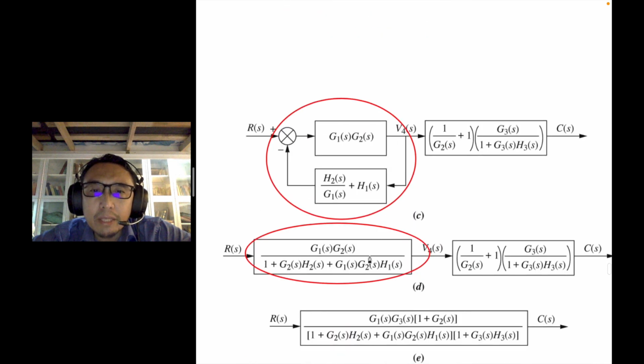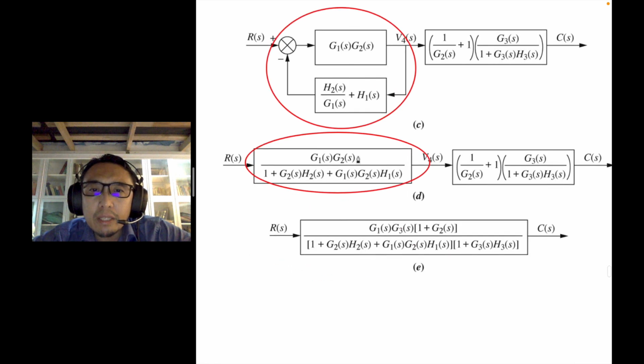So you apply the feedback form using the feedback formula, and finally you would have the cascade form again.